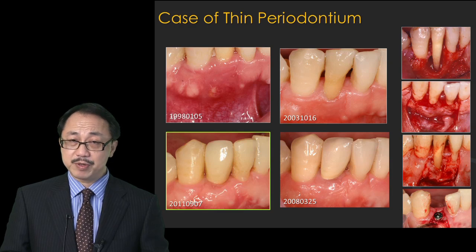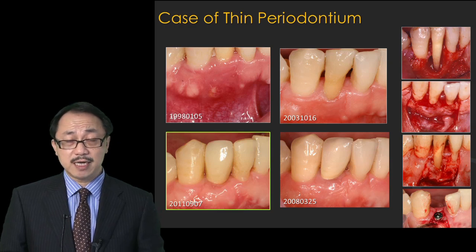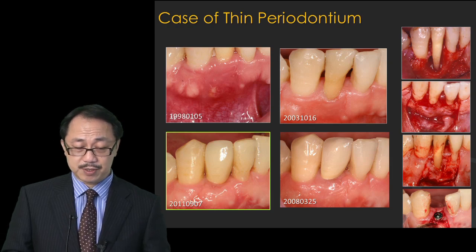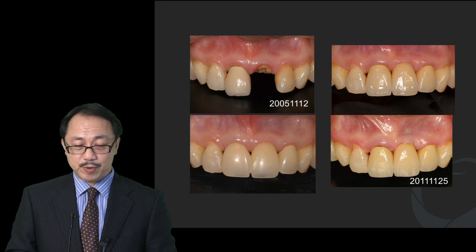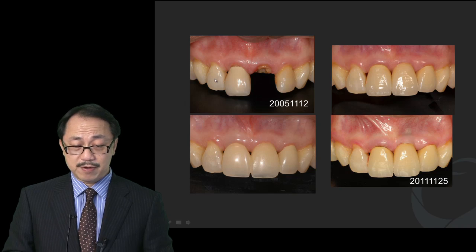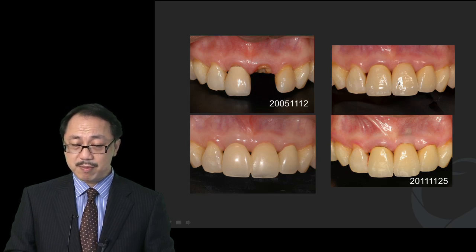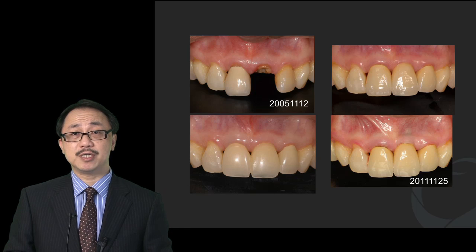Now, during the implant placement, there's no longer a need for soft tissue augmentation because the previous tissue procedure had been rendered. In this instance, the patient with thin periodontium required extraction and immediate implant placement following extraction. 3 years later, there's not much tissue recession.